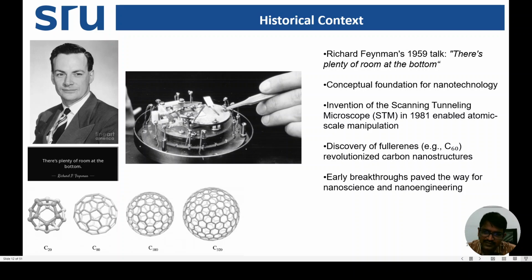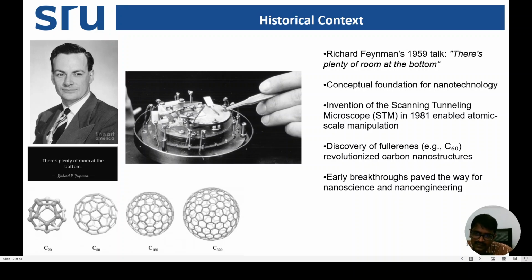If you use electron microscopes, you can even see the nano size. So the meaning of this statement, there is plenty of room at the bottom, is that there is so much to see and explore beyond our vision capabilities.